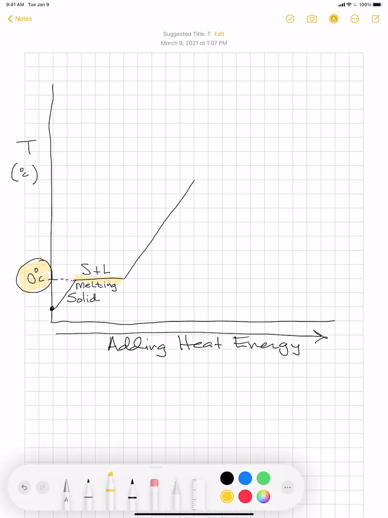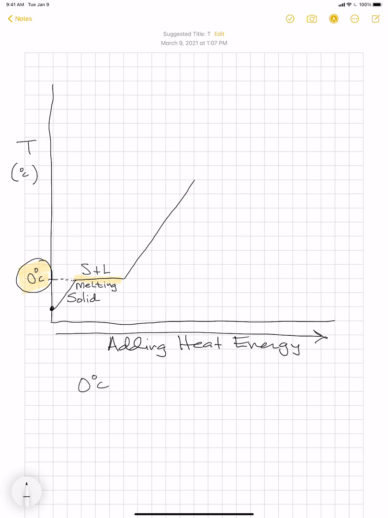And that temperature is the melting point of water. So 0 degrees Celsius, okay? And it's important to say that we're at sea level pressure, so we're at 1 atmosphere of pressure. This is called the melting point, or conversely, the freezing point, of water.